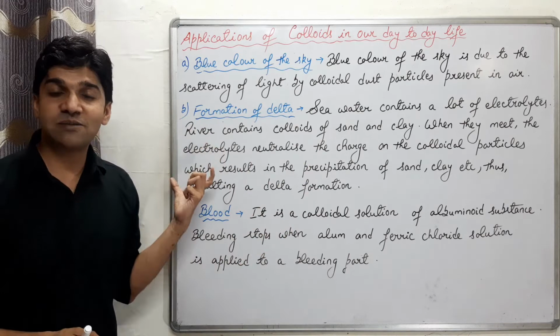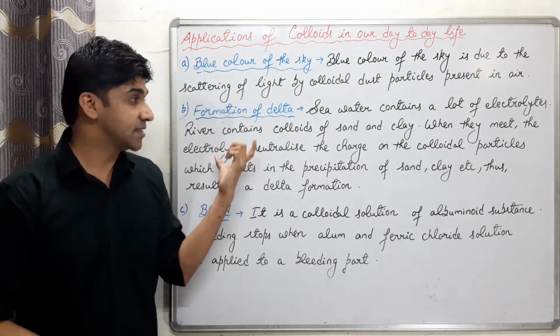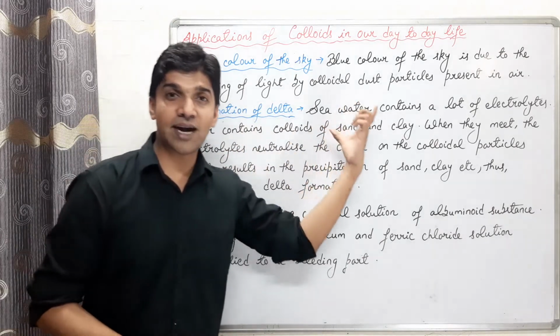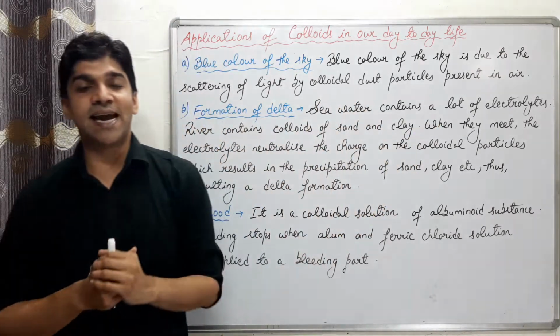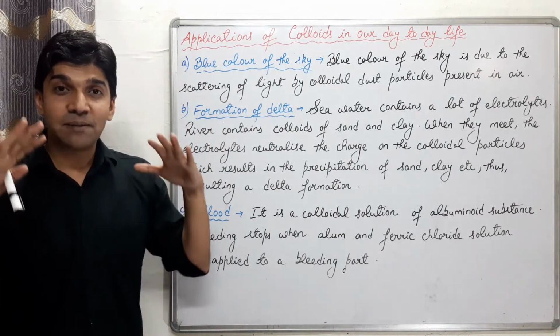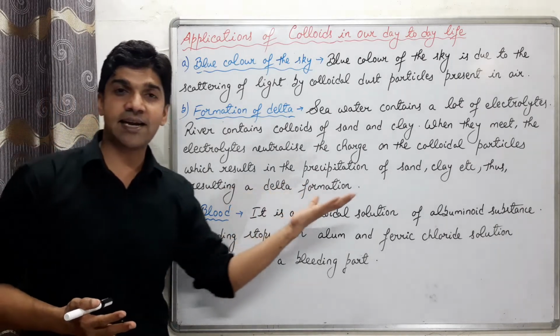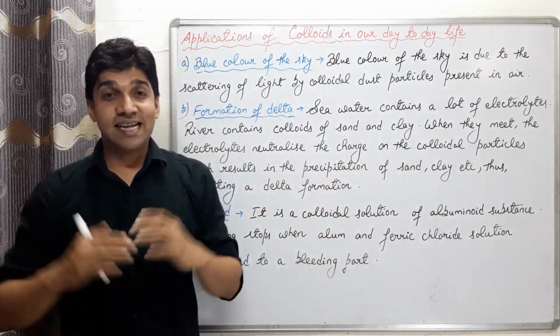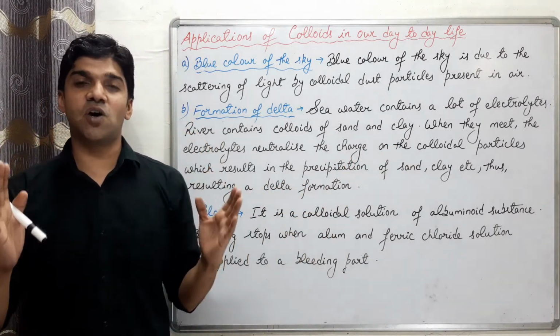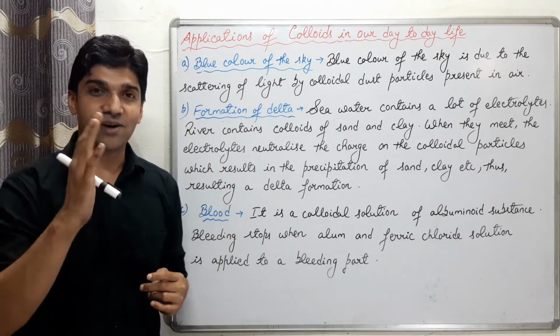Then the electrolytes present in the sea water will neutralize the charge on the colloidal particles of sand and clay, and thus it will result in the precipitation, in the coagulation of sand and clay. And that's why delta is formed when the river water meets the sea water.